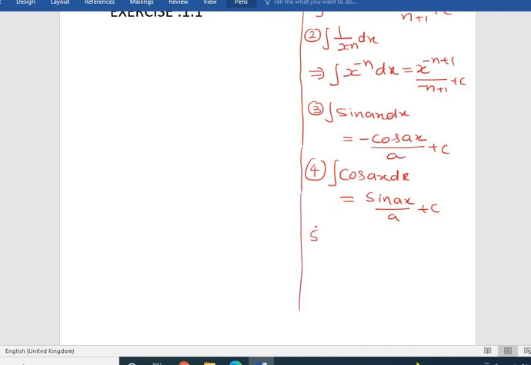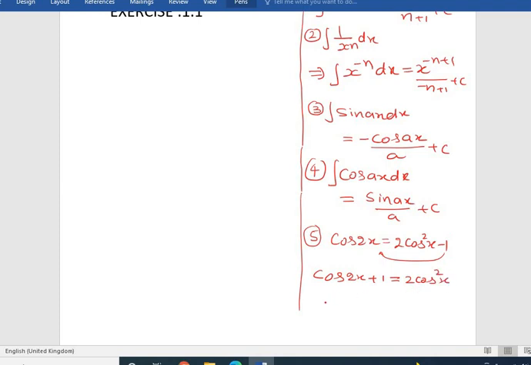And there are a few rules which we will use for getting the result, like the trigonometrical rule: cosine 2x equals 2 cosine square x minus 1. If I rearrange this, then cosine 2x plus 1 is equal to 2 cosine square x.